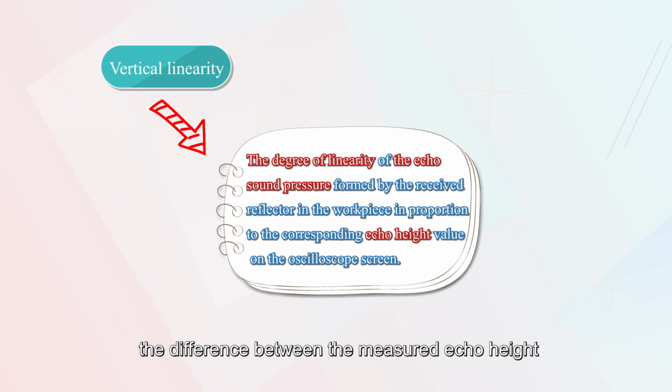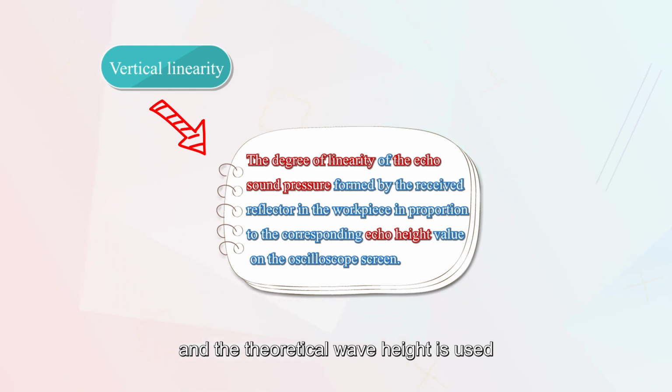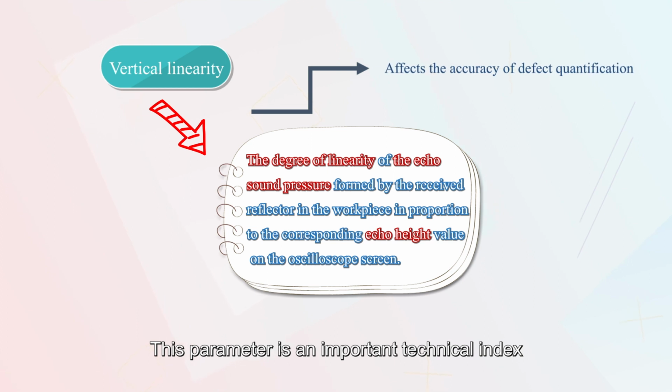Generally, the difference between the measured echo height and the theoretical wave height is used to reflect linearity. The parameter is an important technical index of the ultrasonic testing instrument.